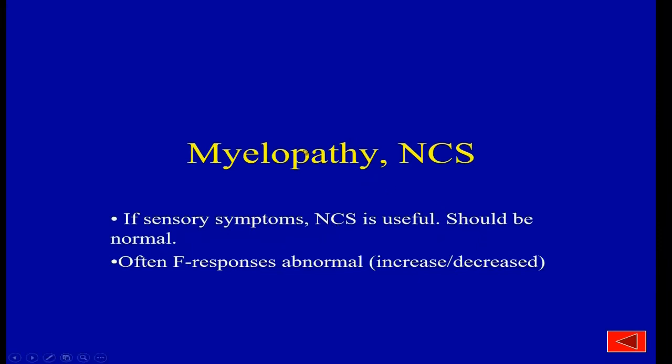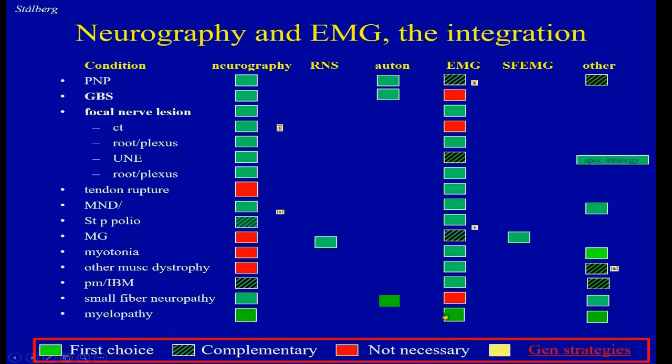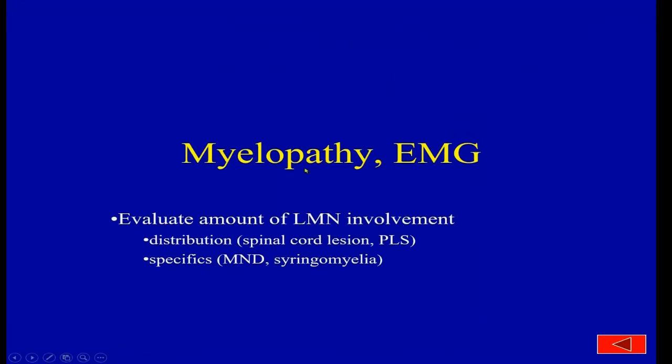Then we are talking about a myelopathy. Regarding EMG, if it is mainly motor involvement, then we may with EMG help to get the distribution of the abnormality, and also sometimes very specific patterns like in syringomyelia, and certainly also in motor neuron disease.